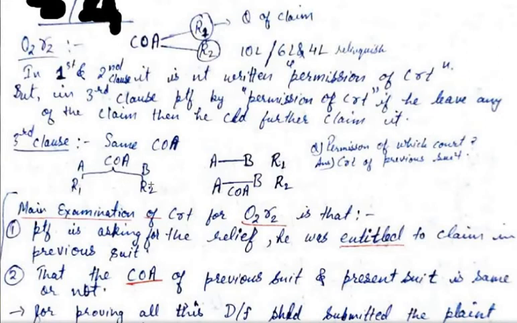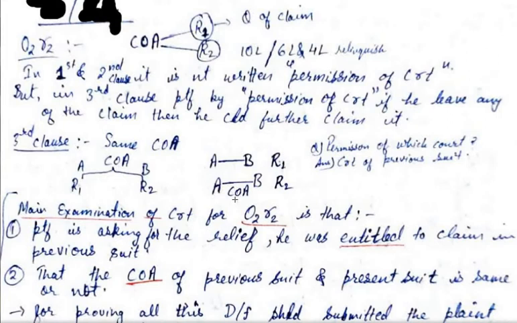So if he is filing the suit on a distinct cause of action, then Order 2 Rule 2 will not apply. So जो कोर्ट का सबसे important examination होगा, that will be number 1 as to whether the cause of action of the earlier suit and the cause of action of the present suit are the same.